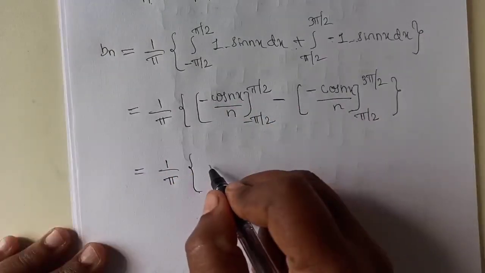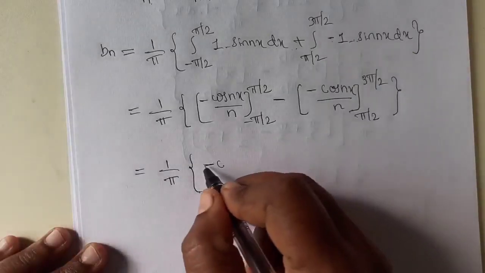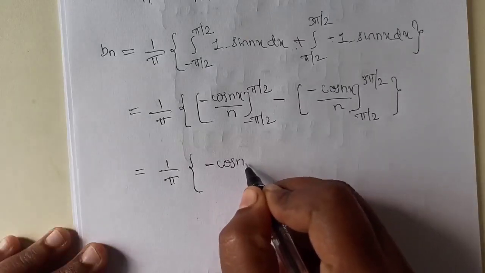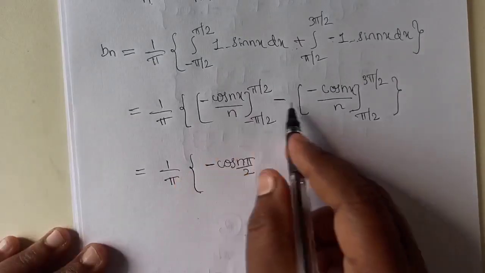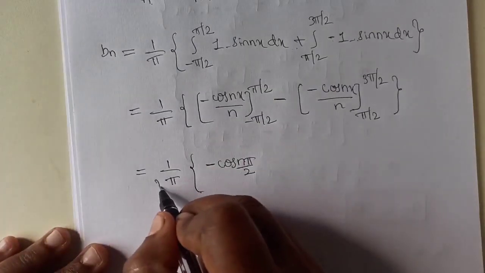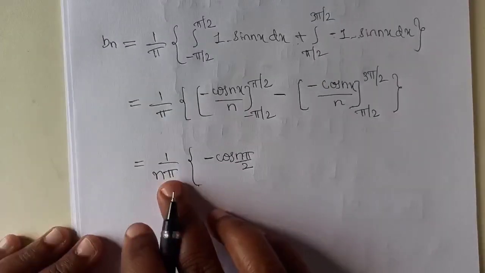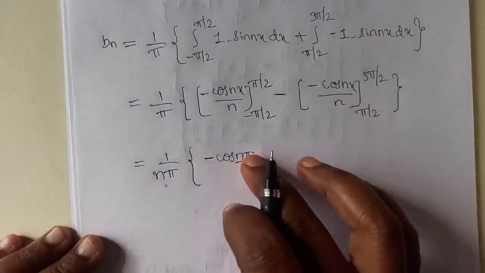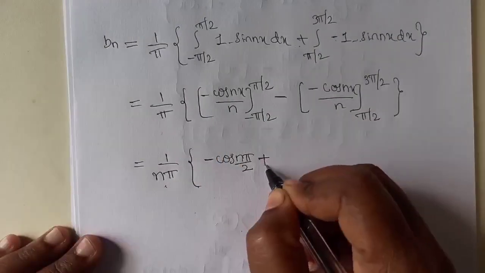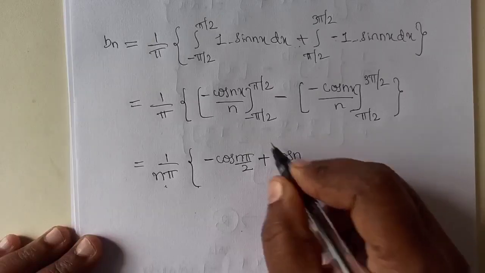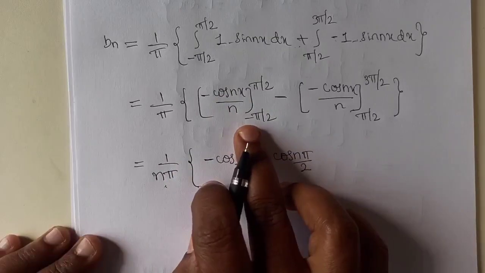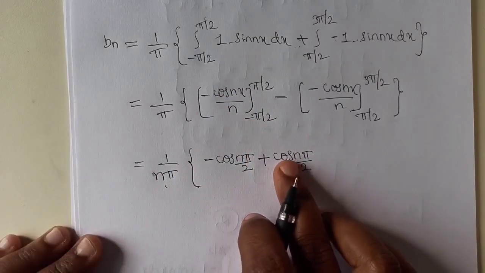So we get minus, so 1 minus cos n pi by 2. Here in both cases 1 by n can be taken outside, so we take 1 by n outside here common. So taking 1 by n, we get minus cos n pi by 2. So minus of minus into minus, we get plus cos n pi by 2, because cos of minus theta is equals to plus cos theta only.